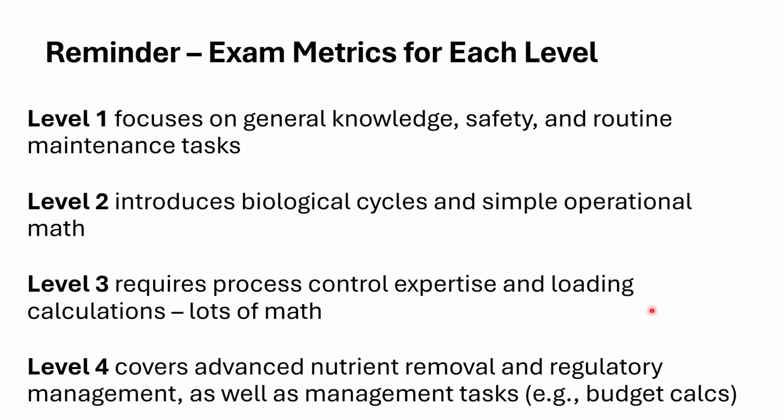Level 3, lots of math, lots of process control expertise and troubleshooting. Activated sludge, the next chapter that we go over, the next module, that's your bread and butter to pass level 3. Level 4, you're looking at advanced material like nutrient removal. You want to know your regs inside out. You want to know management tasks like how to put together a budget.